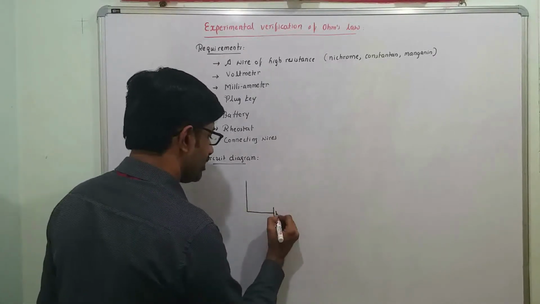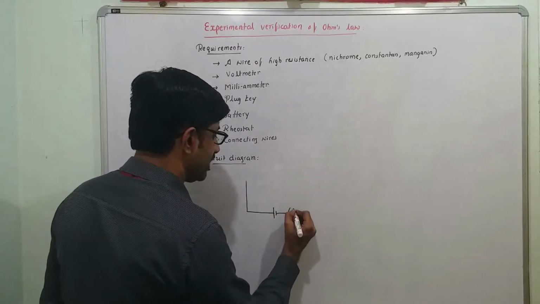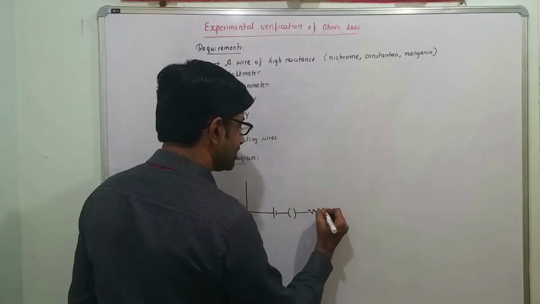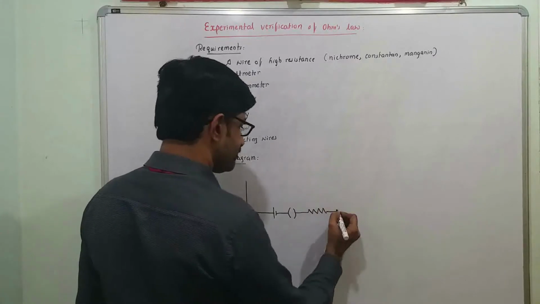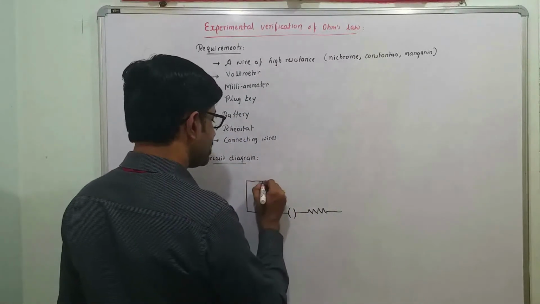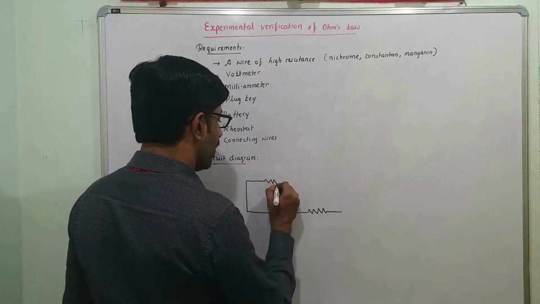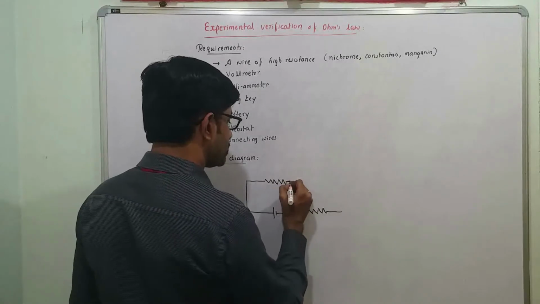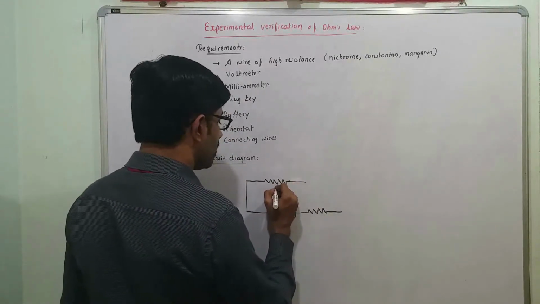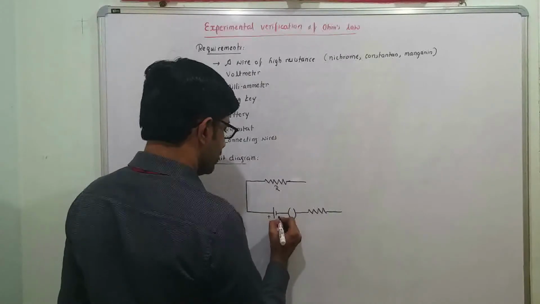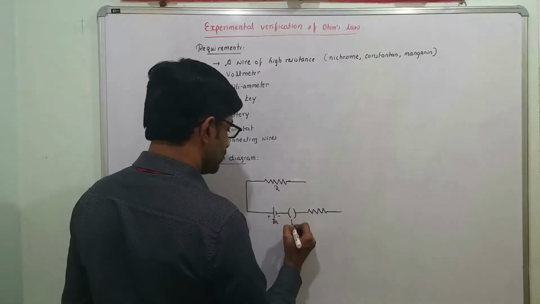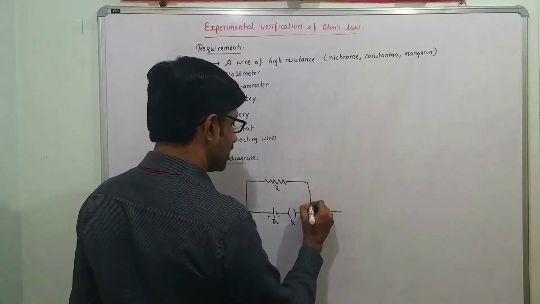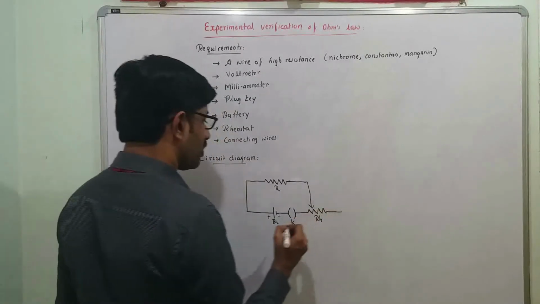This is the battery. This is the key, and this is the variable resistor or rheostat, and this has to be the wire of high resistance. The value we are going to calculate is for this wire of resistance R. This is the battery with plus and minus, this is plug key K, this is the rheostat, and this end has to be connected with the variable resistor or rheostat.